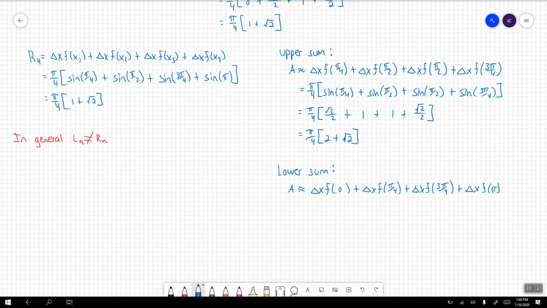Which then means my lower sum has an approximation of delta x, and delta x is pi fourths, multiplied by sine at 0 plus sine at pi fourths plus sine at 3 pi fourths plus sine at pi.